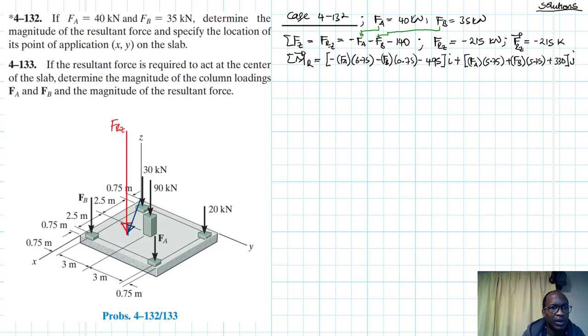We call the position from the reference R resultant. This is the moment arm. All right, and this position is just arbitrarily x comma y.